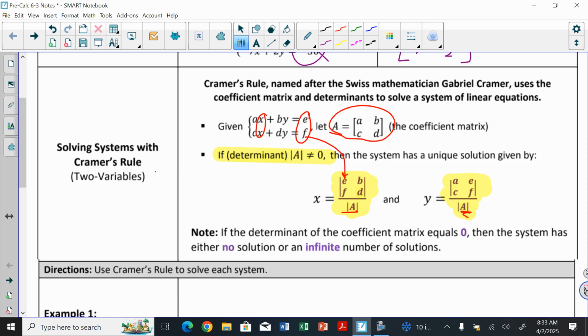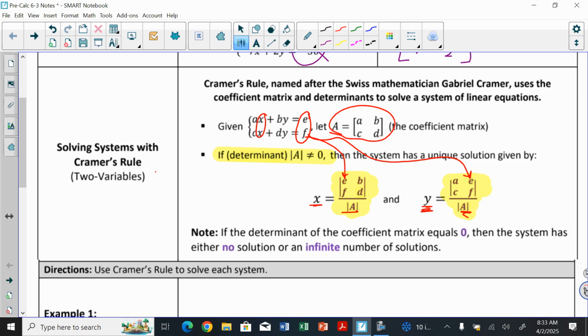But for y, we take that E, F and replace it where the y coefficients would be, and A, C stays the same. You just replace those numbers E and F for the coefficients of x when you're trying to get the x value, and y when you're trying to get the y value. And then you just do the determinants, which we know how to do, a quick diagonal multiplication and subtraction, and we're good.